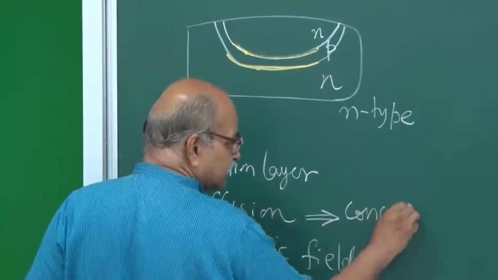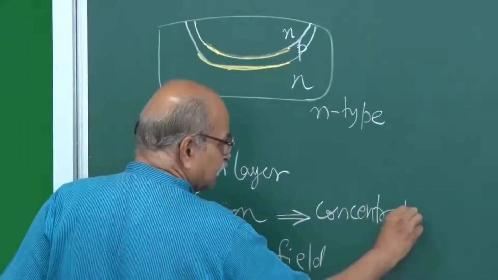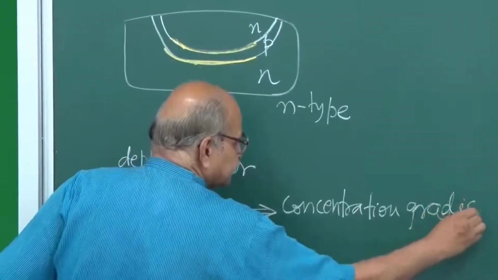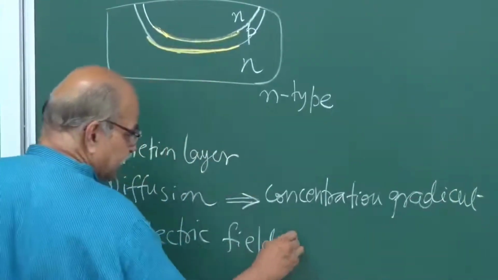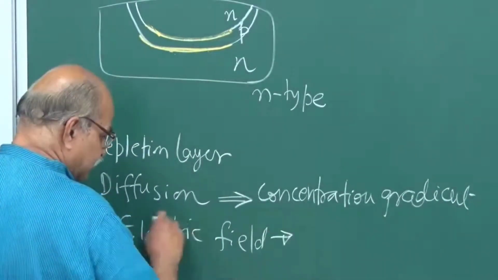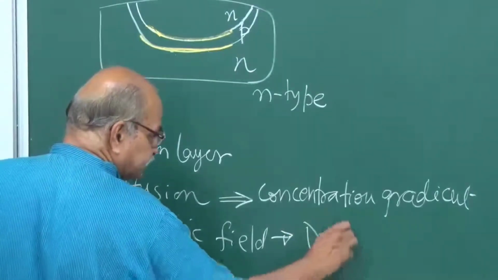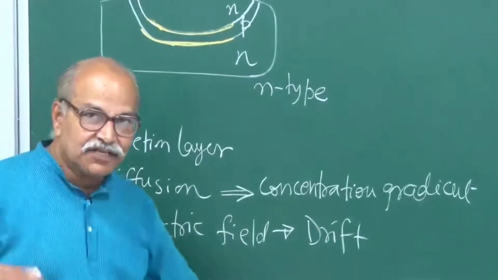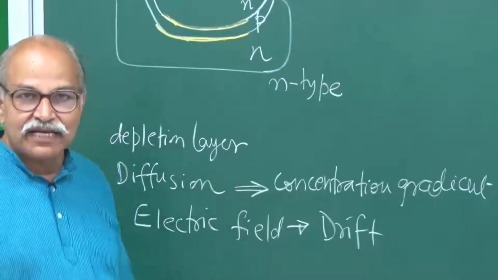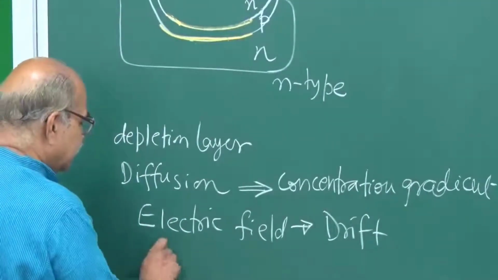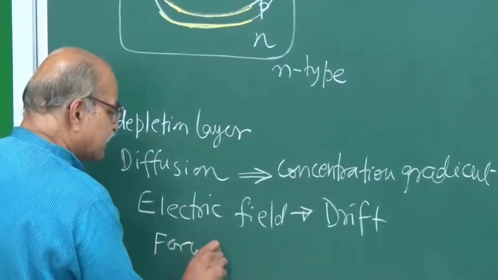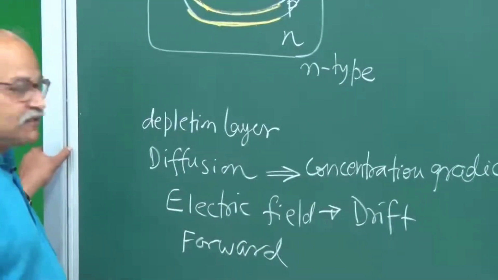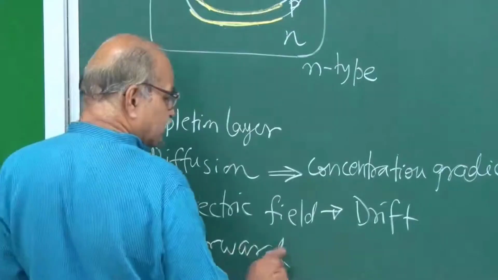All these things we have done. And the electric field will give rise to drift current. So drift, minority carrier, majority carrier, injection, forward bias, reverse bias, everything is the same, and that's why I had said that if you understand the p-n junction, you understand almost everything of semiconductor electronics.